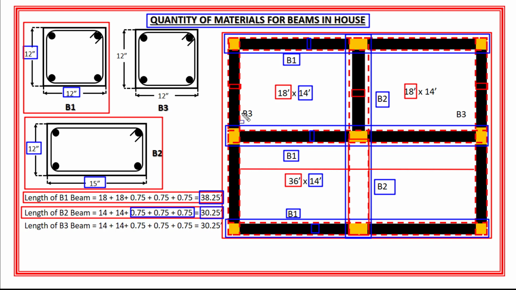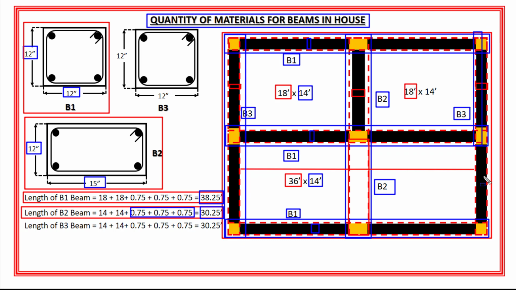Next is the third type of beam, which is placed along these two walls, right? Let's name this beam B3. If you look closely here, the B3 beam is placed along the full length of these two walls.